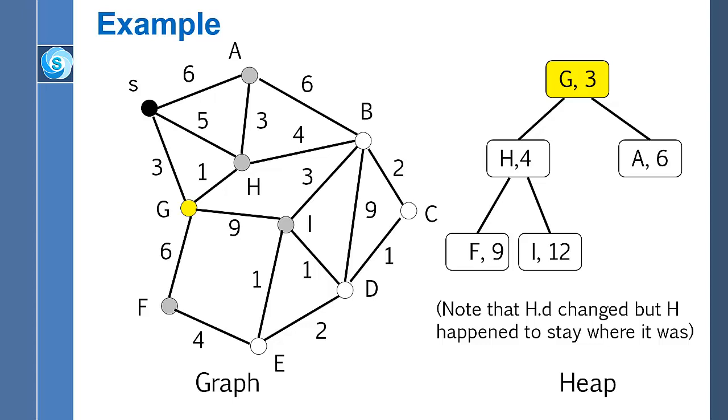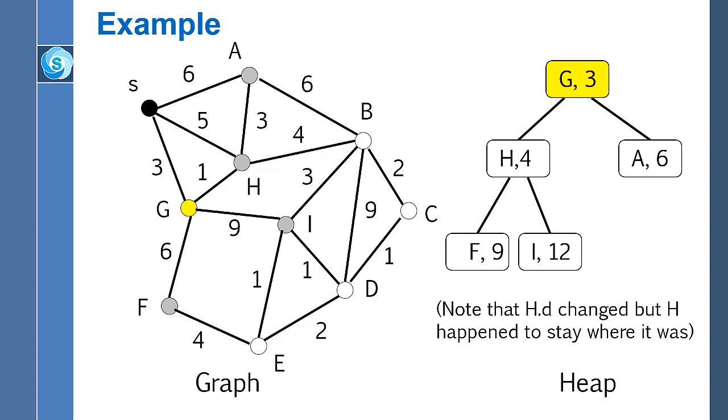That's shorter than taking that edge directly from S to H because S to H is 5. So it took us a little more effort to discover this shorter path, but it is a shorter path.